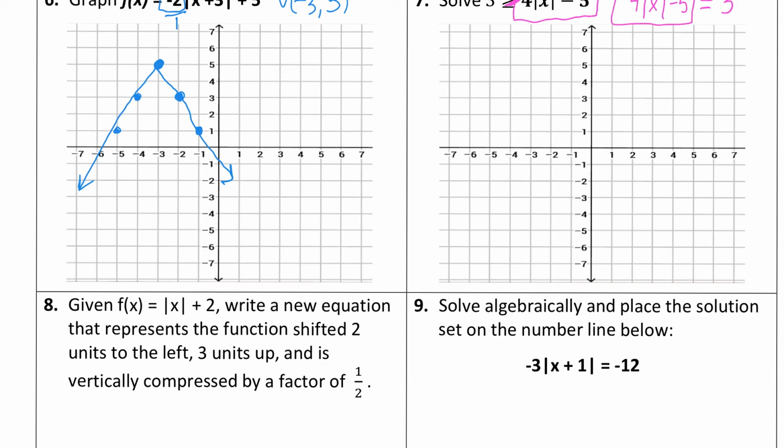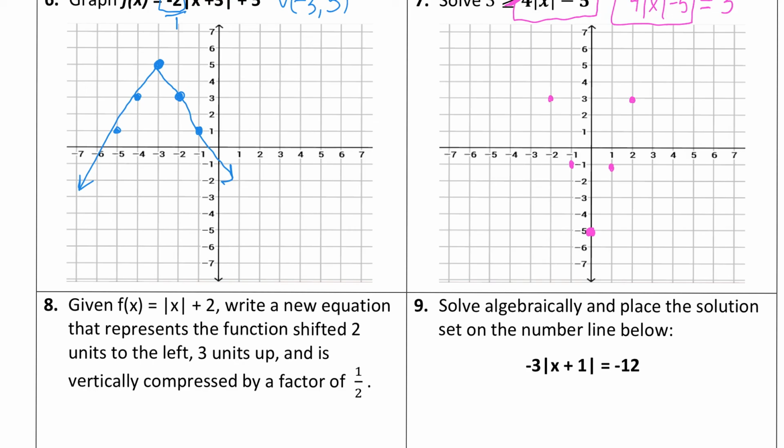This absolute value has a vertex at 0, negative 5. And then we're going to go up 4 and over 1. We could do it again, 1, 2, 3, 4 over 1. And then we're also going to have that symmetrical piece, so up 4 to the left 1, and then go up 4 to the left 1 again.